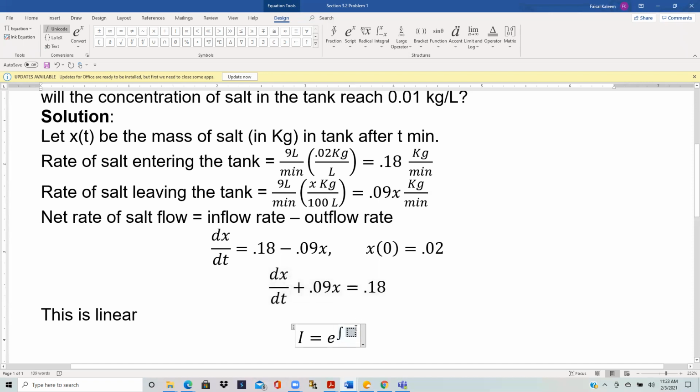So what we have here is 0.09 and dt. Normally it's dx because it's dy by dx. So if it's dx by dt, it will be dt. And this is e to the 0.09t. The integral of 0.09 is just 0.09t.